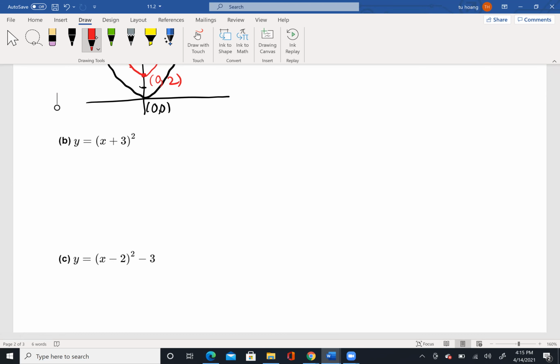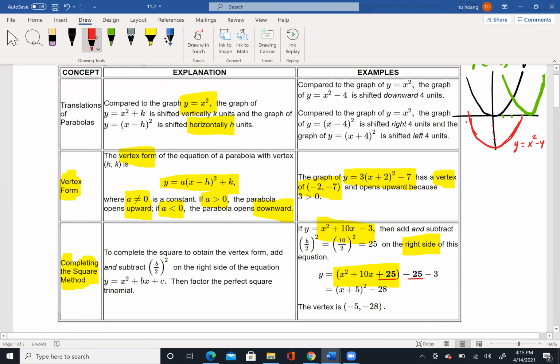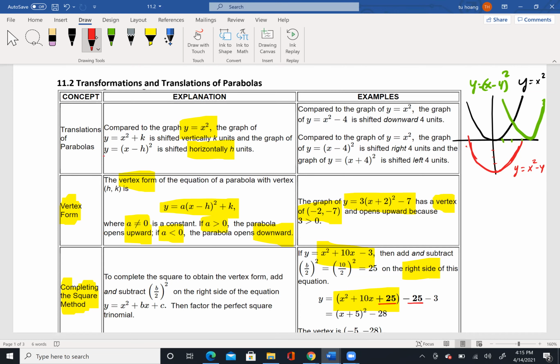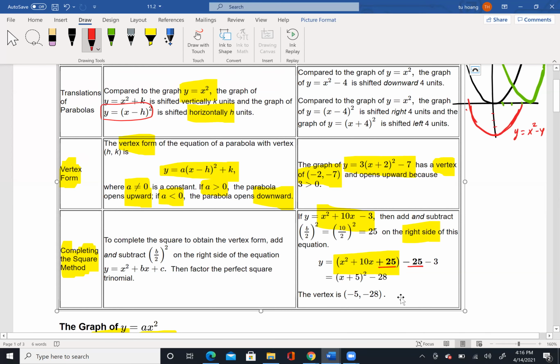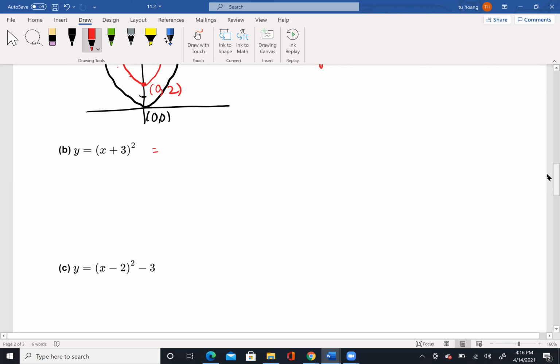y equals x plus 3 squared, right? So I'm going to say y equal to, let's see, x minus 8 squared.